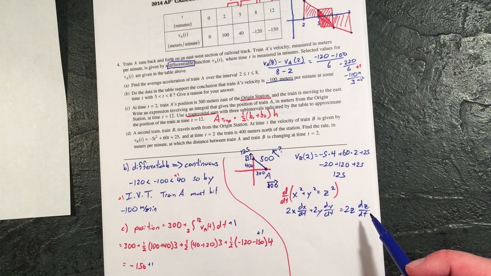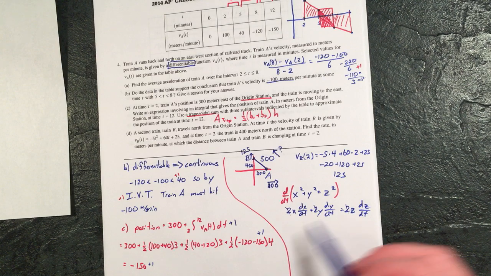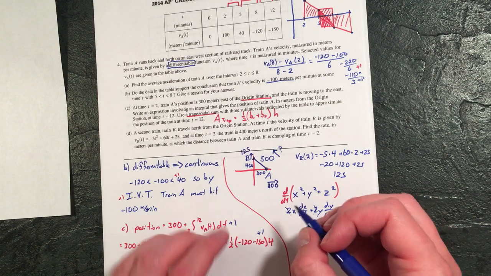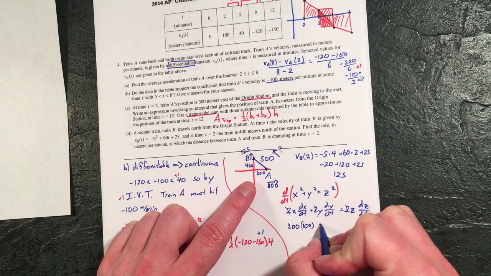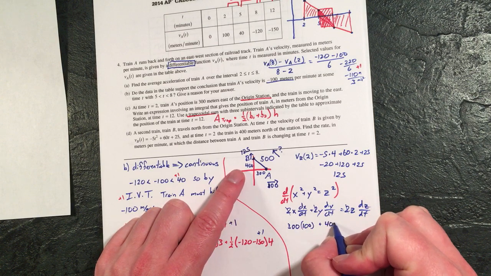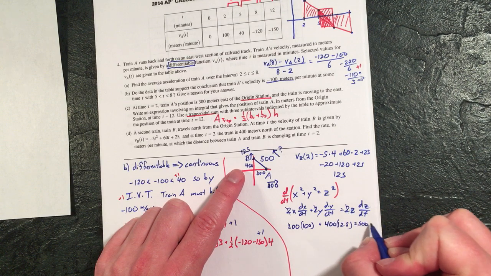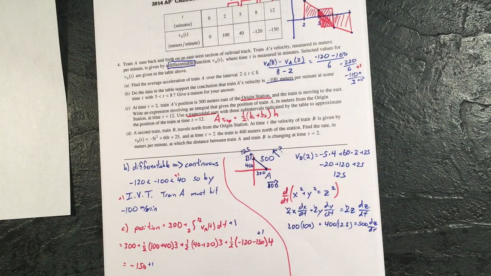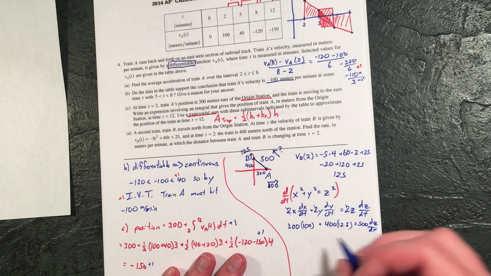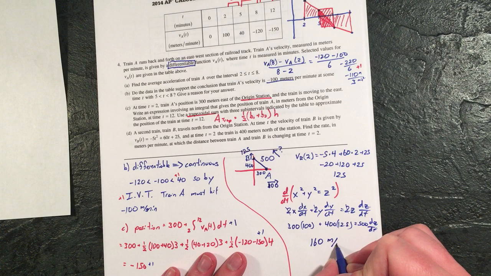They all have the 2 here, so we can factor those out, at which point we can just plug in the values we know. So we have 300 and 100 here. For the y, we have 400 and 125. And for the z, we had 500 dz dt. So we have to add those up, divide by the 500, and doing that all out is going to get us 160 meters per minute.